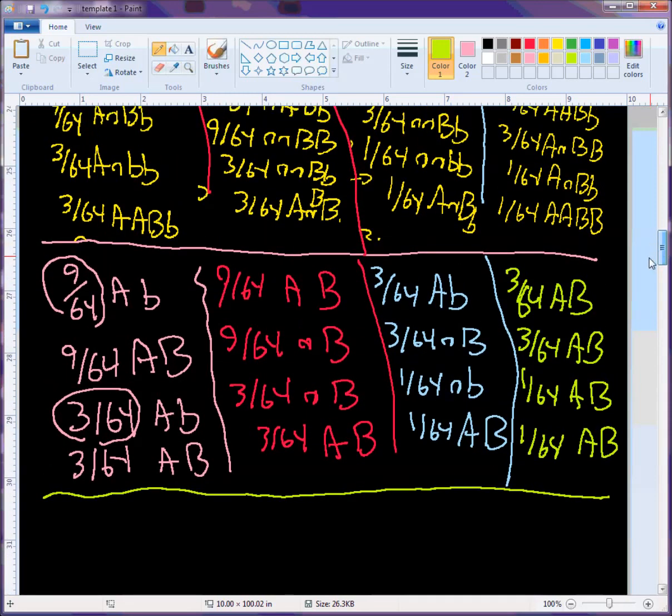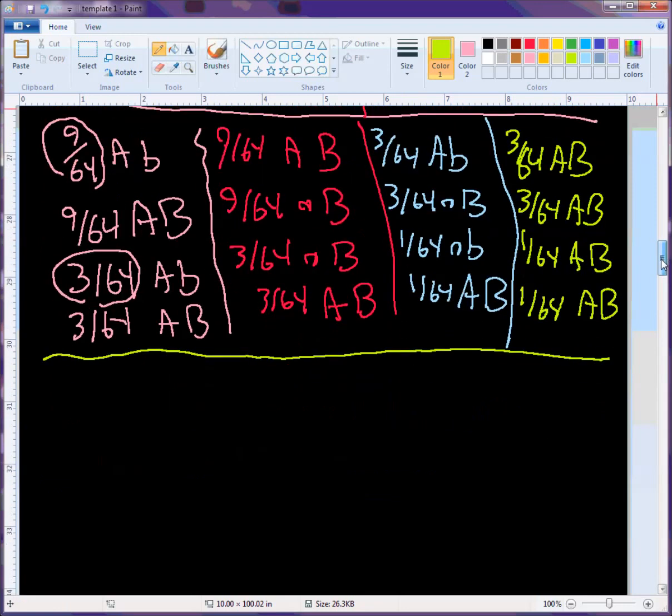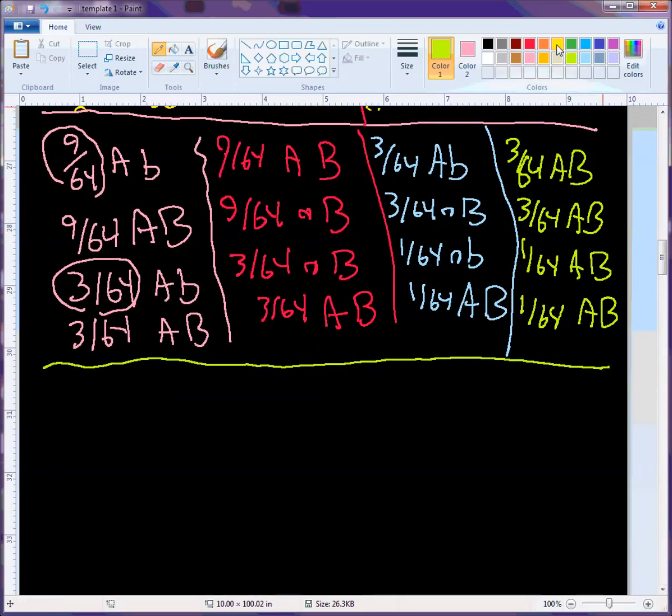Okay, so now we just need to combine these numbers. So what do I want to find first? I want to find all of the offspring that have the big A and the big B phenotype.